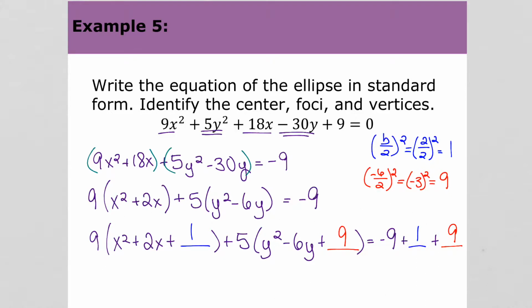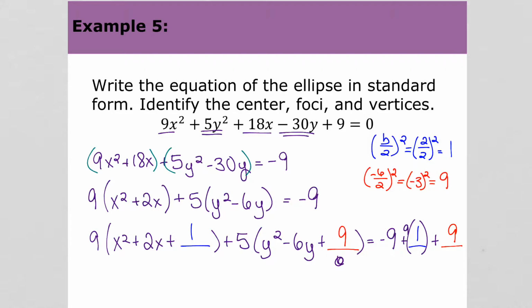Okay, so over here, we've got 9 plus 1 plus 9. That's not quite right. This 1 was multiplied by 9 because we factored out a 9. So we have to put that 9 there.